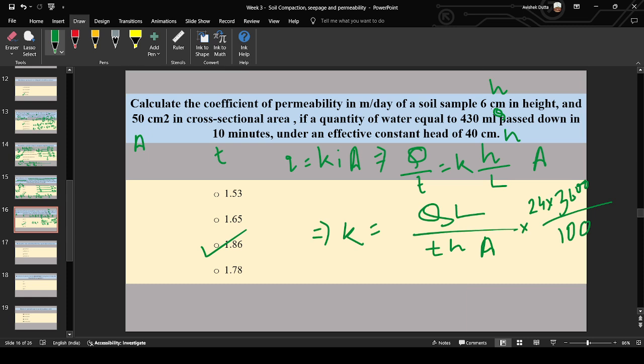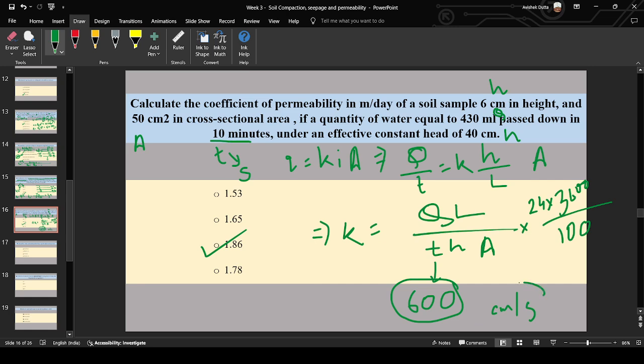Soil sample of 6 centimeter height. So L is 6, yes. Time, you can convert first of all into seconds, then only you can convert it into days. So time will be 10 minutes, that is 600 seconds. With 600 seconds, convert the whole thing first into centimeter per second.